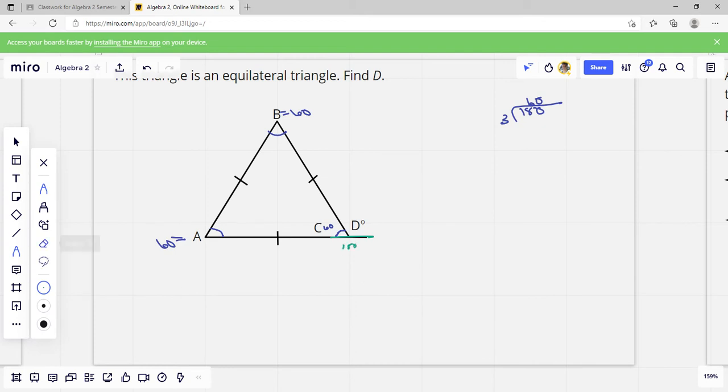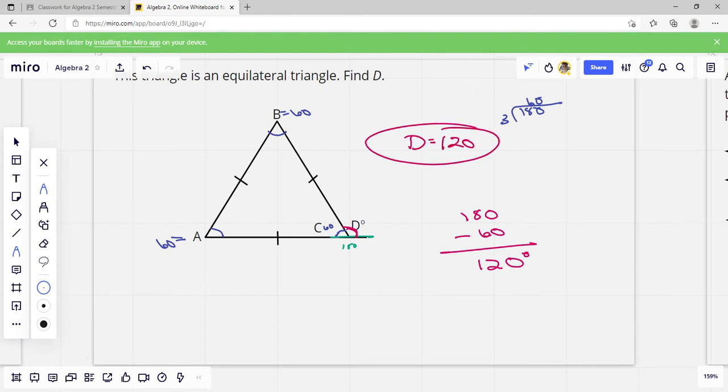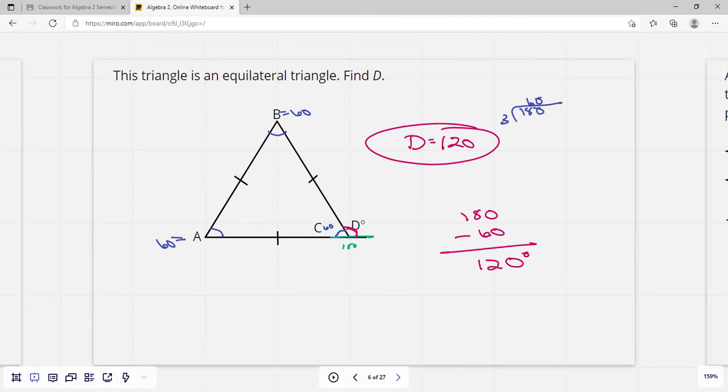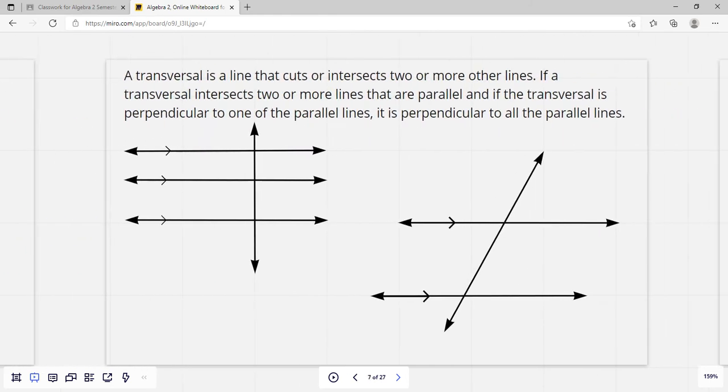So to find D, right here, we have 180 is the whole thing, minus 60, which would be 120. So D equals 120. So just remember, all of the angles in a triangle equal 180, and a straight line equals 180.